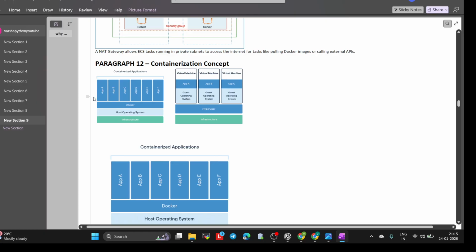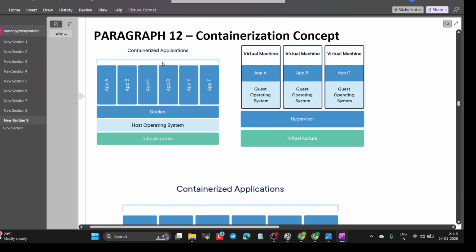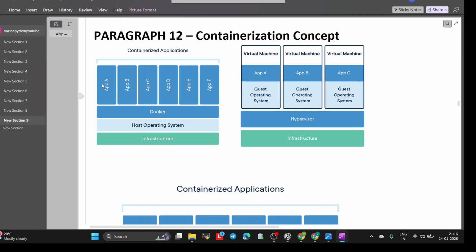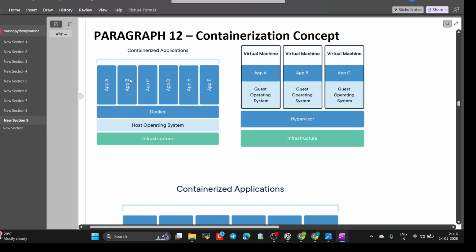In this diagram, this is the infrastructure, hosted on the operating system, and this is Docker, and these are the containers. Some applications have everything in Docker itself, but only minimal dependencies are in the container, so it has minimal memory and a smaller attack surface.